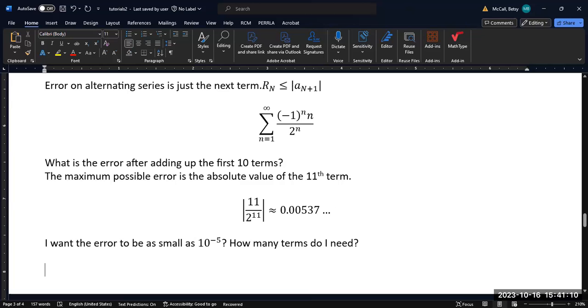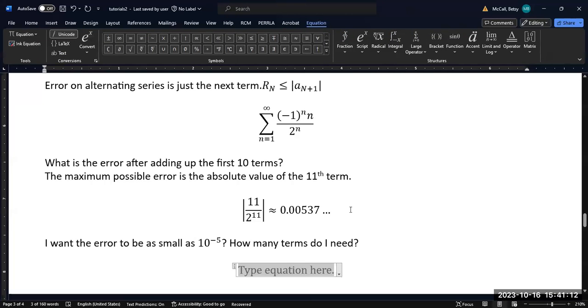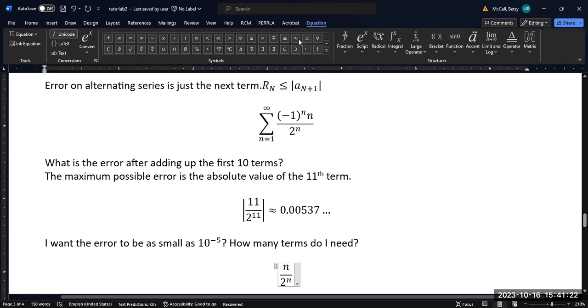Well, in that case, you're going to take, again, the absolute value. So I'm going to ignore the negative 1 to the n. I'm going to set my n over 2 to the n to be, again, approximately equal to 10 to the negative fifth.